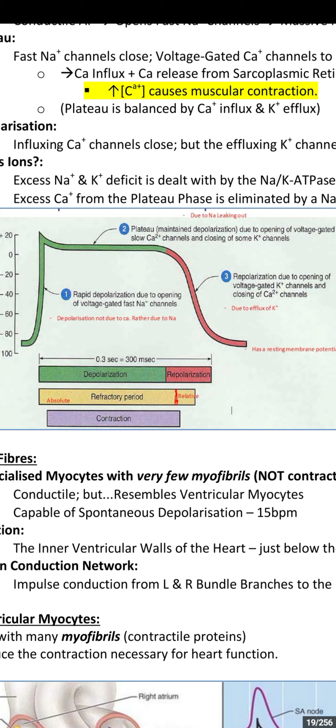So this refractory period is absolute and it is relative, and the absolute refractory period occurs from the depolarization to the beginning of the relative repolarization, the beginning of the opening of potassium channels.